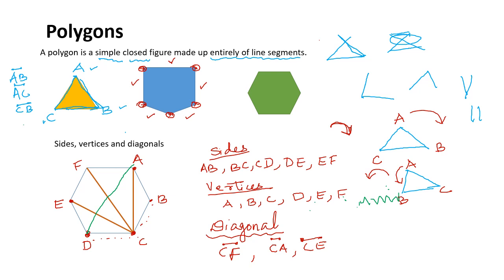Okay. Now we'll move on to the next point, that is angles. When it comes to angles, children, angles are formed when two rays meet each other. Now for example, I have a ray here. You have already learned about rays. So this point I am naming it as O and this point as A. This is ray OA.